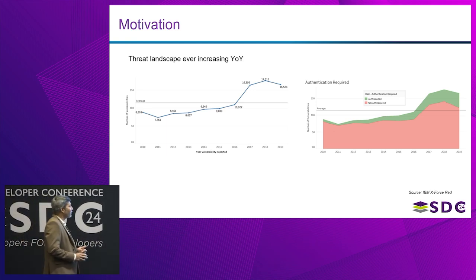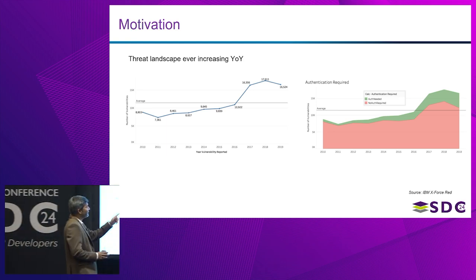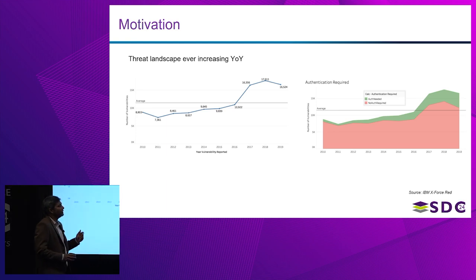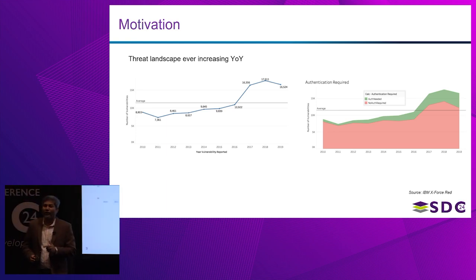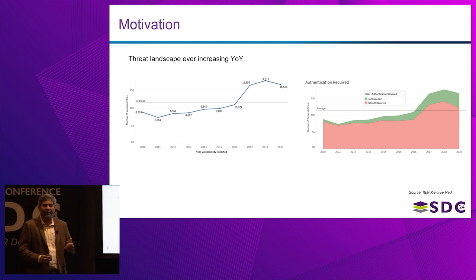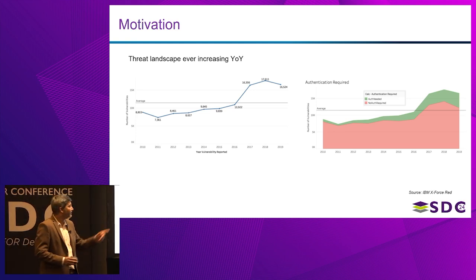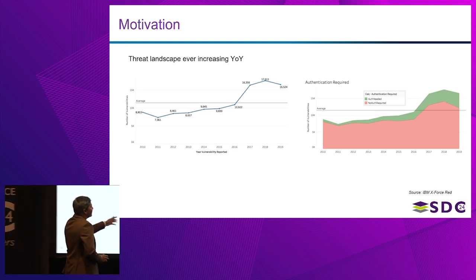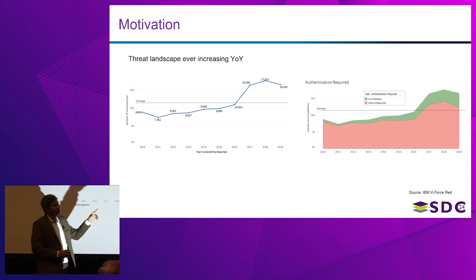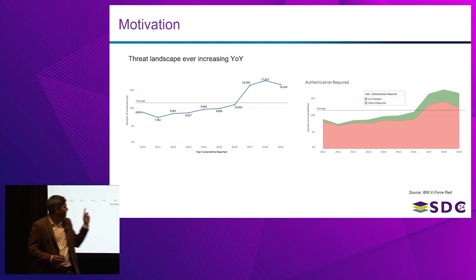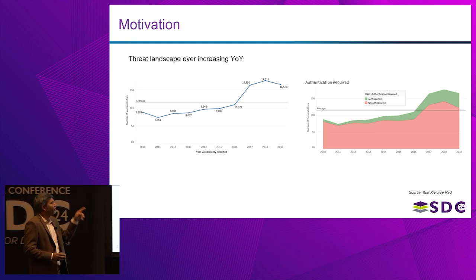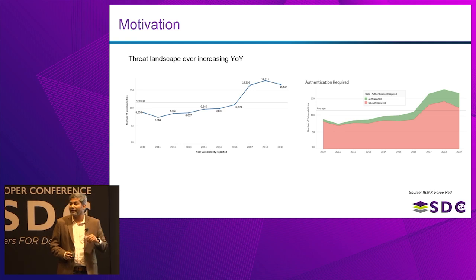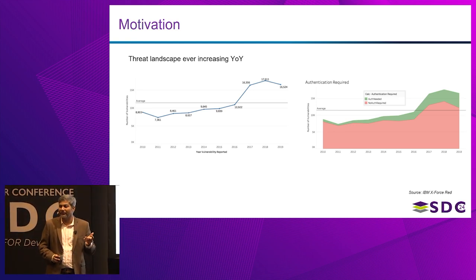And what is more concerning is that if you compare the vulnerabilities that require authentication versus the ones that do not, the number is staggering. Somewhere around 90% of the vulnerabilities that were identified did not require any authentication whatsoever, which is quite concerning.